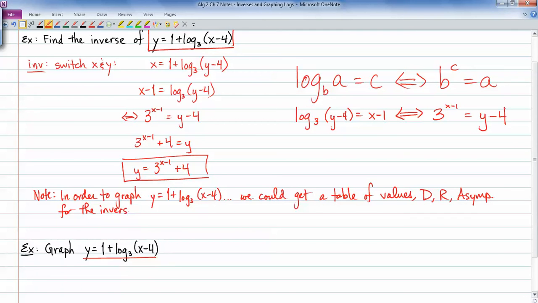And the inverse is y equals 3 to the x minus 1 plus 4, because we know how to graph exponentials. And then all we need to do is switch out all the x's and y's. And that'll give us the info we want for the original.